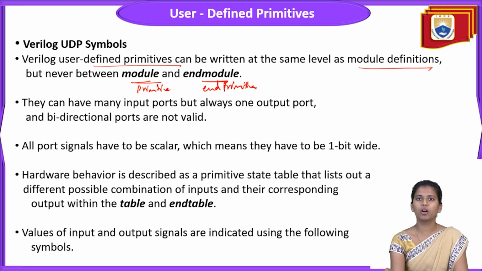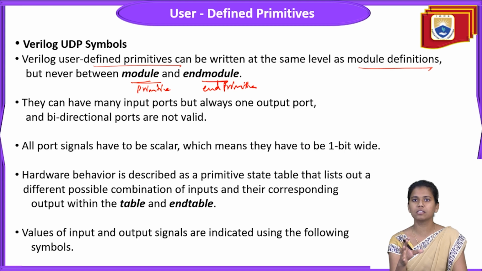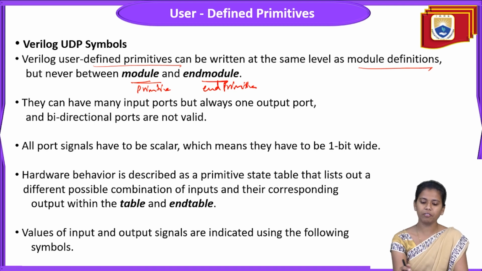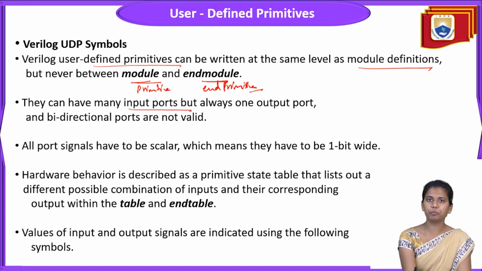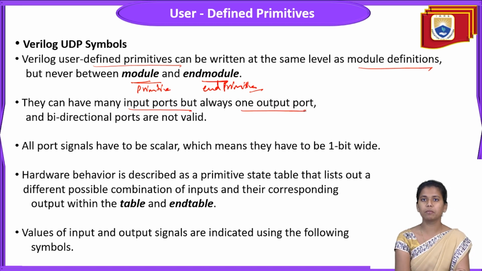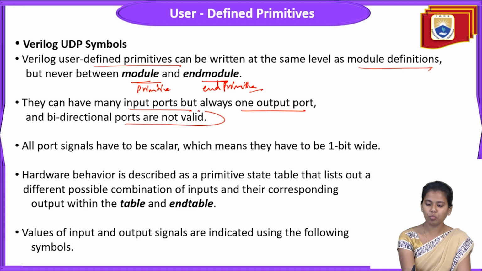Okay, so in the module definitions, we will be mentioning module and endmodule, whereas in user-defined primitives, we'll be writing the syntax with the word primitive and ending with endprimitive. Next, there can be many input ports but always one output port, and bidirectional ports are not valid.